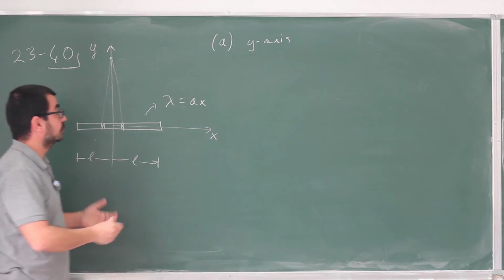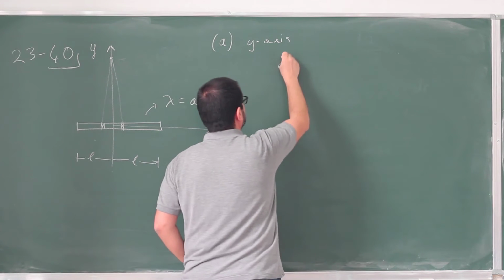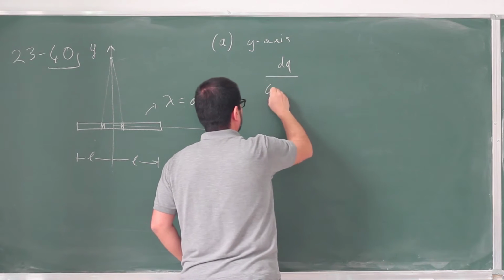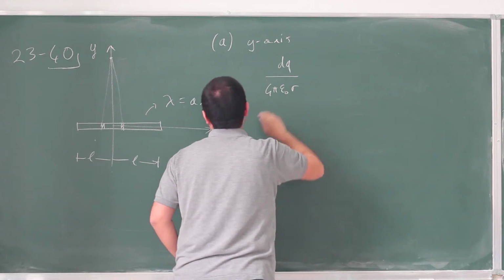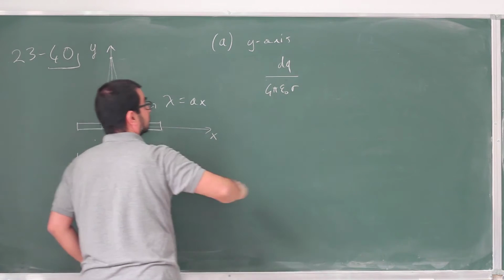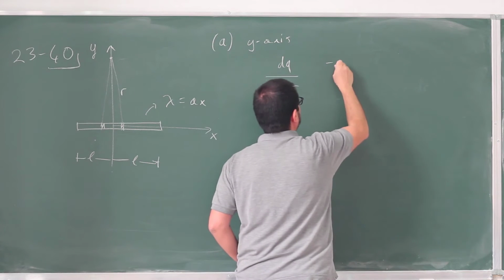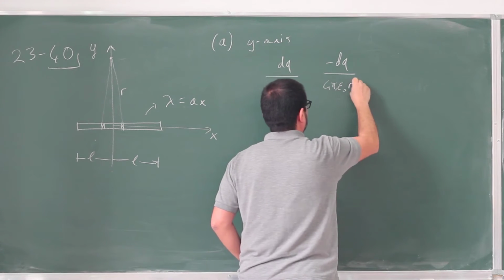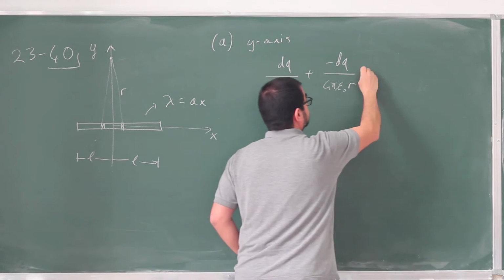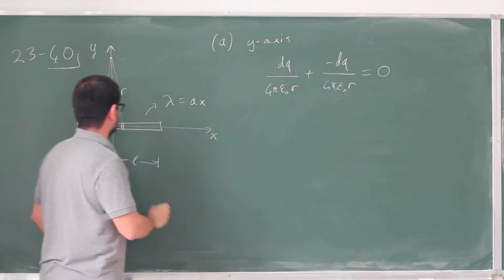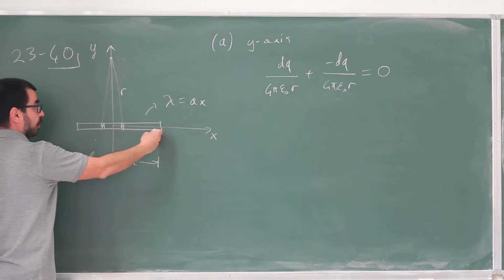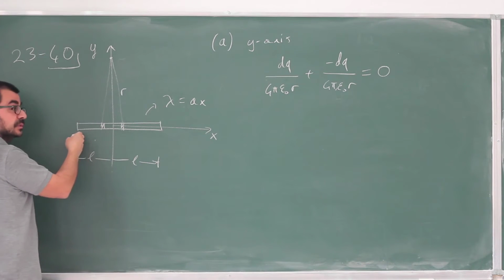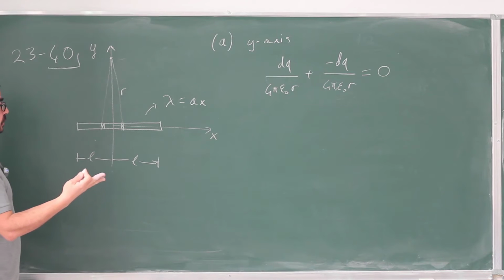One is going to contribute dq by 4 pi epsilon naught r, let's say this is r, and the other is going to contribute minus dq by 4 pi epsilon naught r. Add these up, it's just going to be 0. And since we can do this for every point on the right hand side and every point on the left hand side, the sum has to be 0.